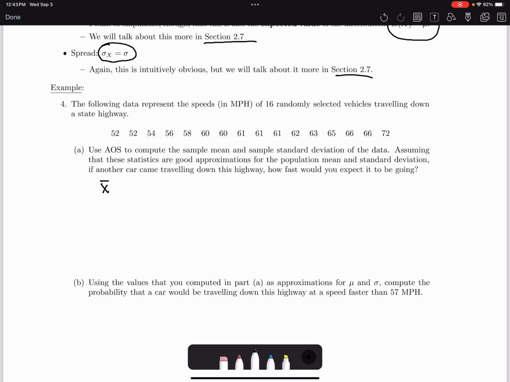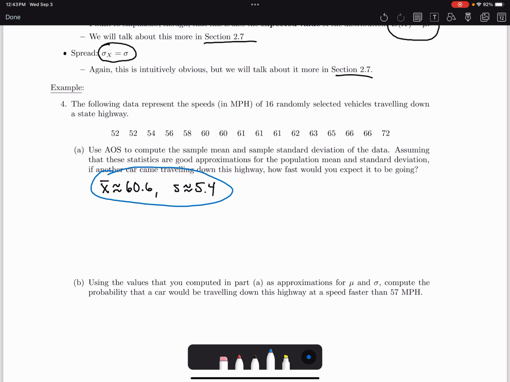So x bar is about 60.6 and s is about 5.4. Now, we're told to assume that these statistics are good approximations for the population mean and population standard deviation.